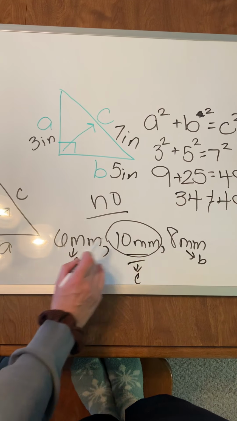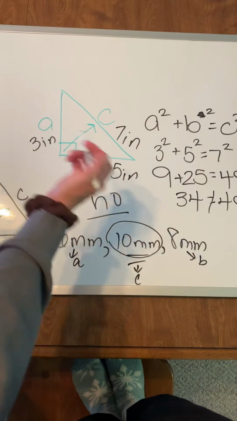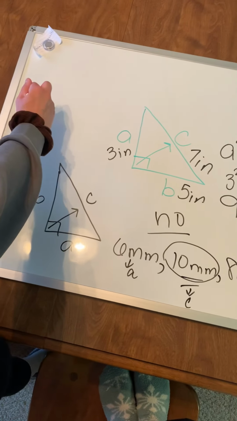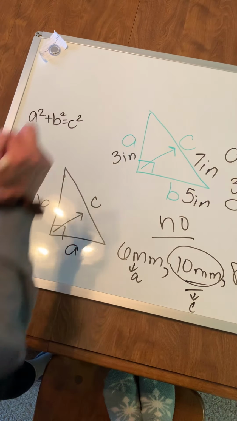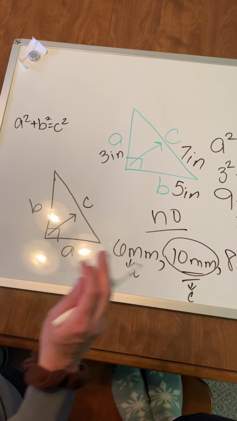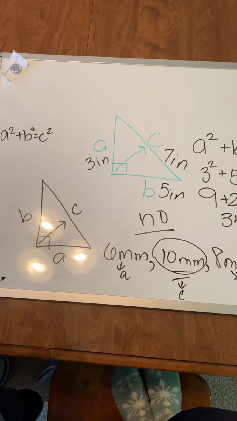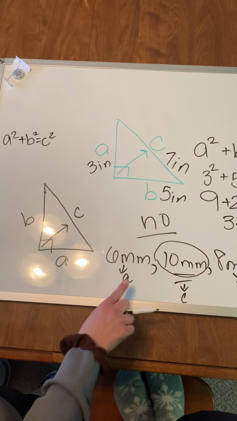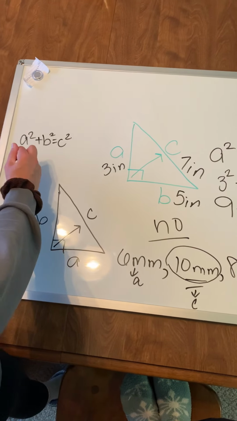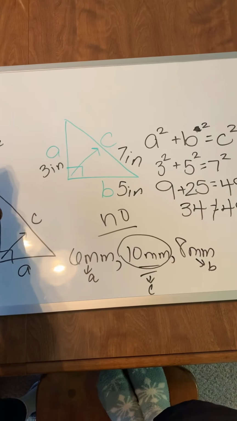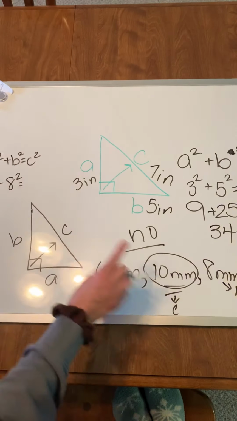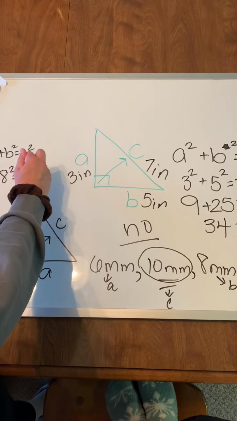Okay? When I put these 3 measurements into the Pythagorean Theorem, A squared plus B squared equals C squared, if I have a true statement, then yes, these 3 measurements work. Okay, let's try. Let's put in 6 for A, so 6 squared plus 8 squared is equal to C, which is 10 squared.